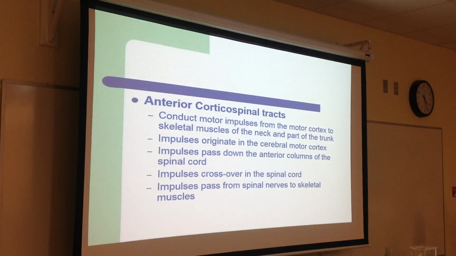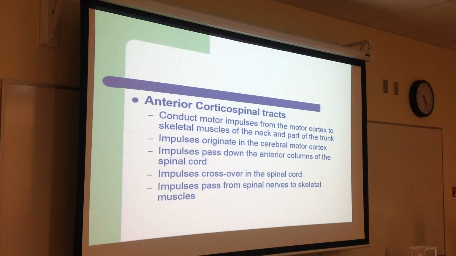Cortex, where does it end? Spinal cord. All right, and is it ascending or descending? Descending, therefore it's motor, right? So which part of the cortex does it start in? Motor cortex, right? Okay.